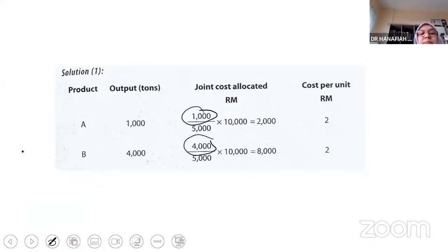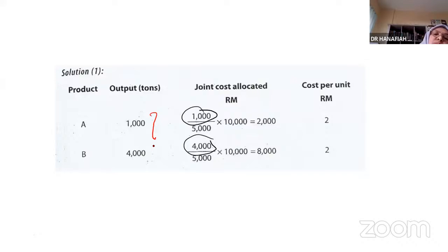Now my total output is 5,000: 1,000 A and 4,000 B. The physical measures method means my apportionment is based on output.